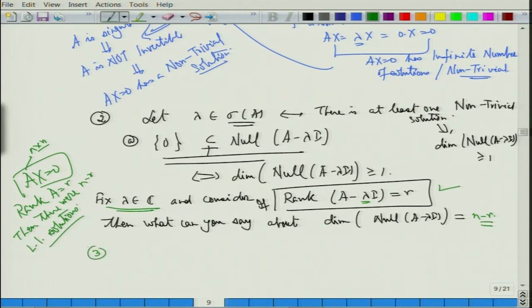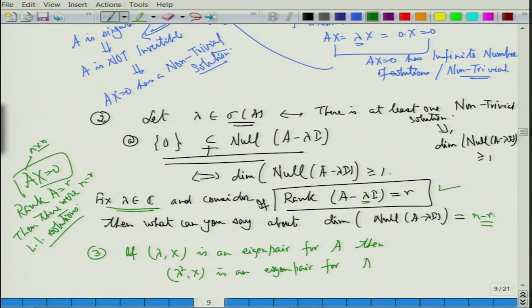Third one. If lambda comma x is an eigenpair for A, then look at A square: lambda square comma x is an eigenpair for A square.